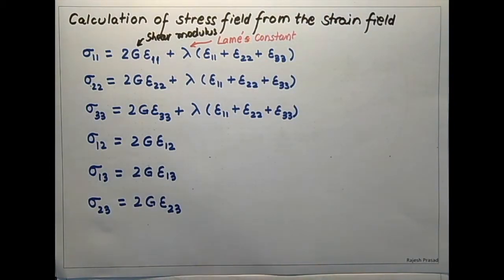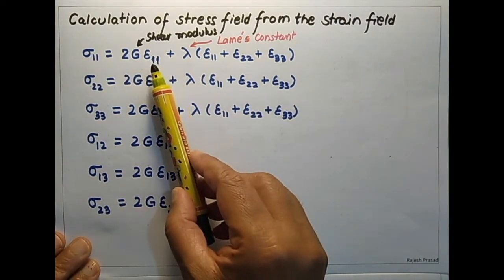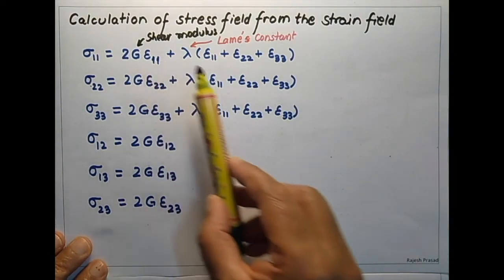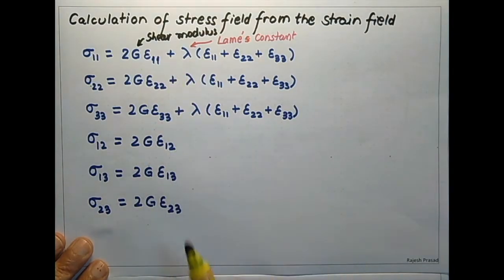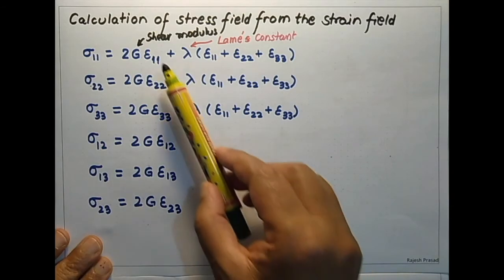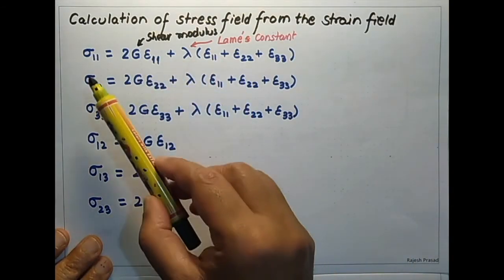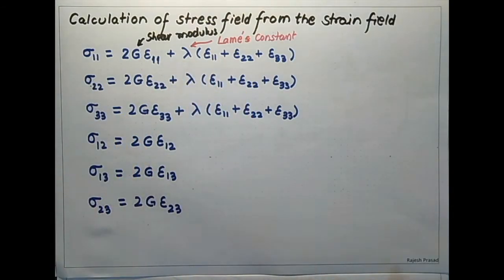So in terms of this, now we have calculated the strain components epsilon 1 1, 2 2, 3 3, 1 2, 1 3 and 2 3. All these have been calculated. So we can just substitute that and get the values of these stress components.